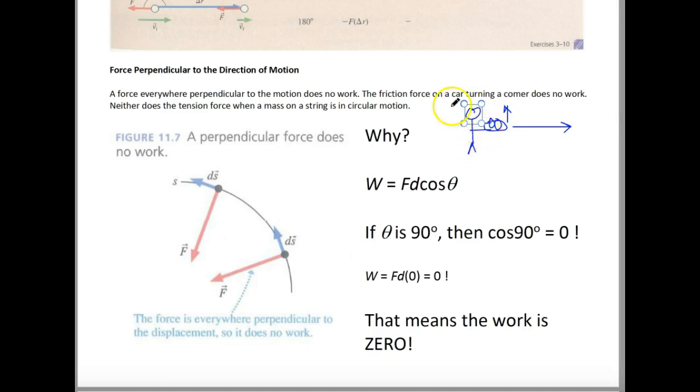I realize your body's doing work, but we're looking at just the dishes themselves. When you set the dishes down or pick them up, now there's work being done because you're going in the direction of motion. But here, you're holding it up and moving in this direction, so your force is in this direction and your delta r is in this direction. It's 90 degrees and the cosine is 0, and that means that you're not doing any work.